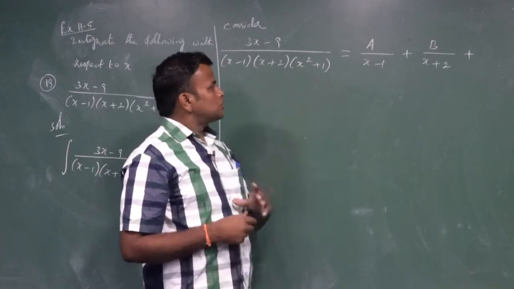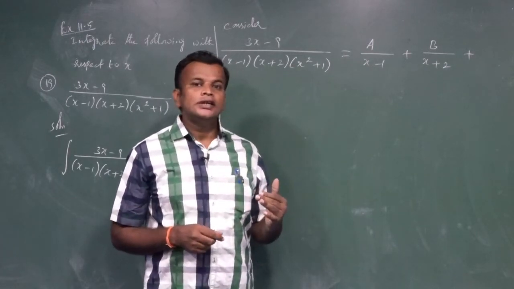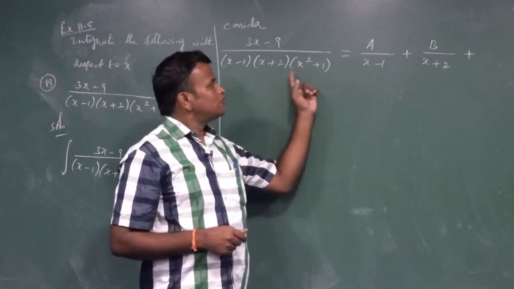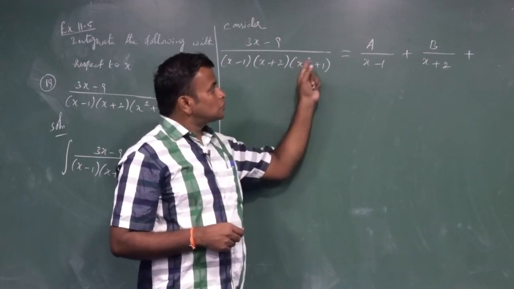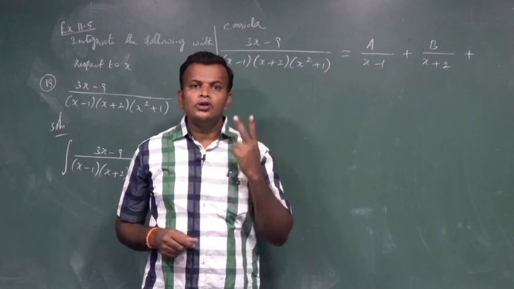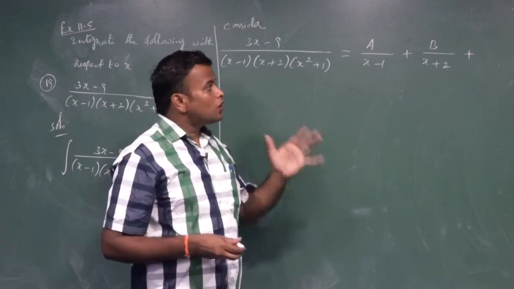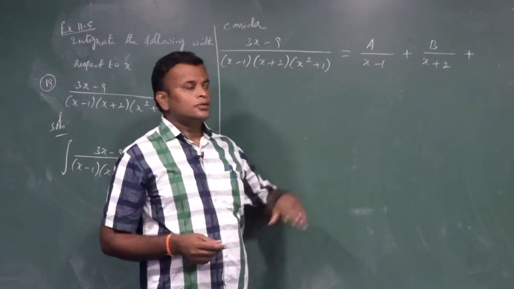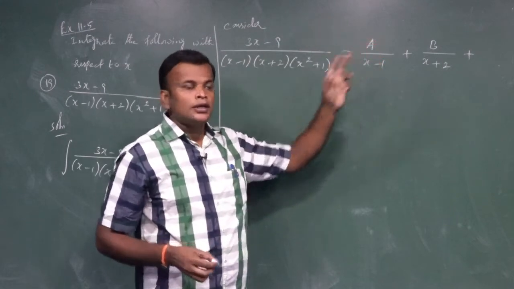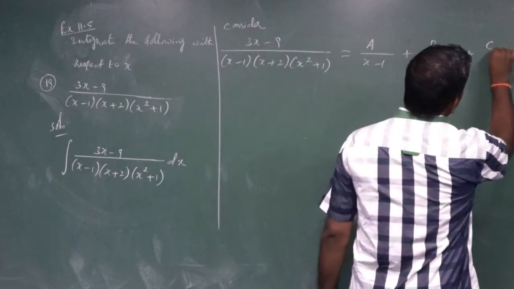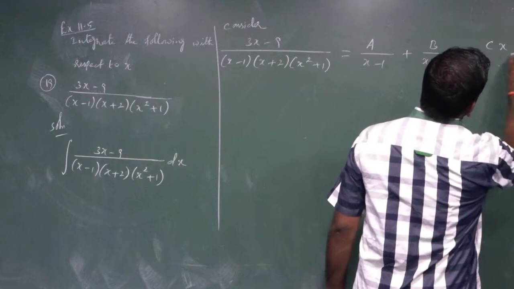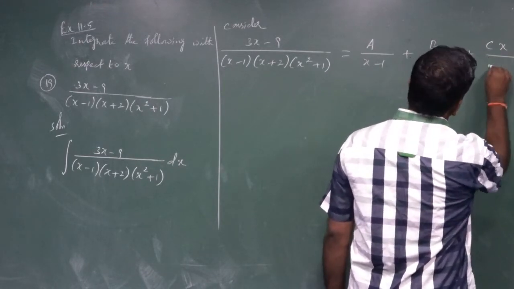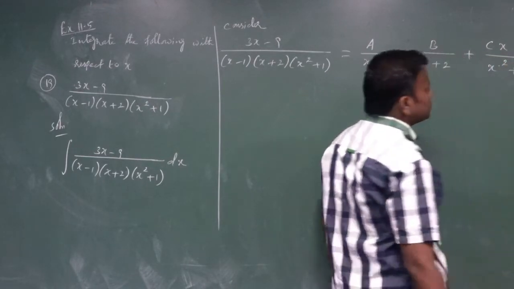So in this situation, how to write? We already said it is the third type. If it is a quadratic factor, there will be 2 constants. Already we wrote a, b, so the next constants are c and d: cx plus d divided by x square plus 1.